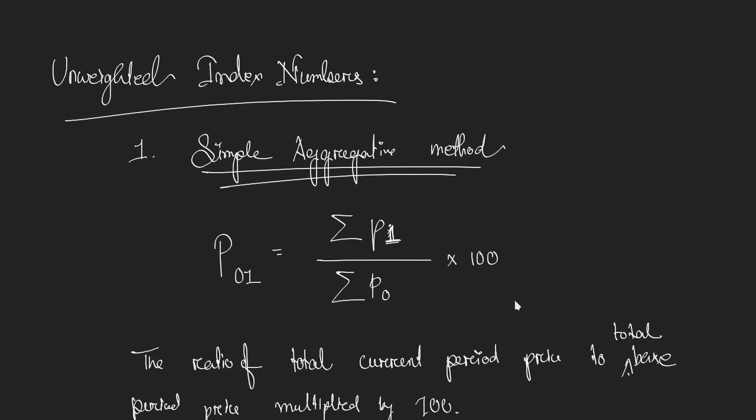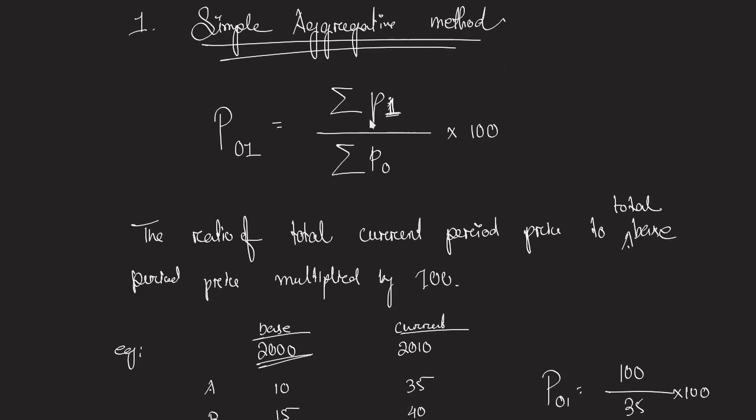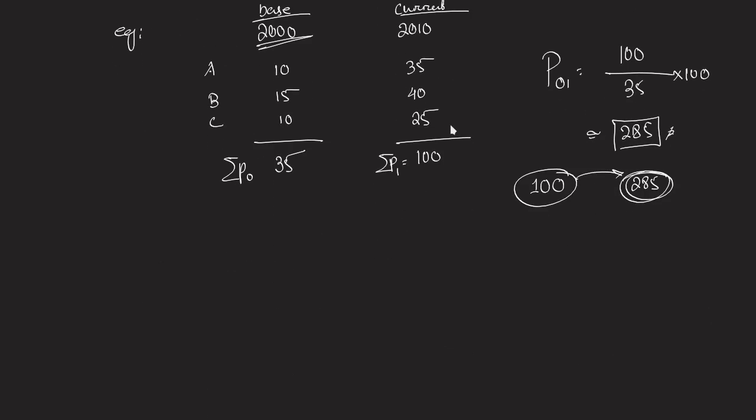So that is your simple aggregative method. গোটেই product বিলাক current period add কৰিব লাগে, গোটেই product বিলাক base period add কৰিব লাগে, তাৰ ratio টো 100 ৰে multiply কৰিব লাগে, right?